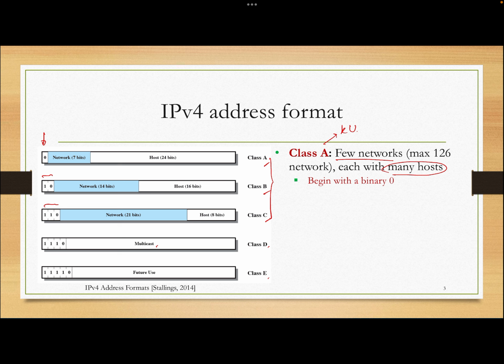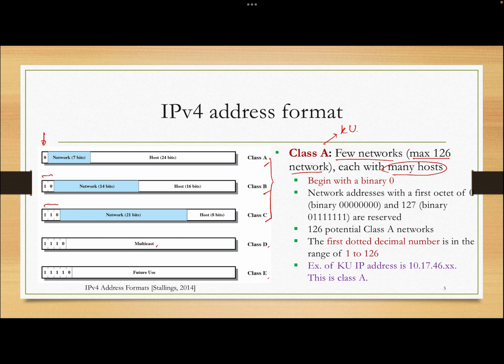I think last year Kasetsart used class B, but right now they are using class A. Anyway, you have a maximum of 126 networks for class A, because 0 and 127 are reserved, so we use 1 to 126 as the network.